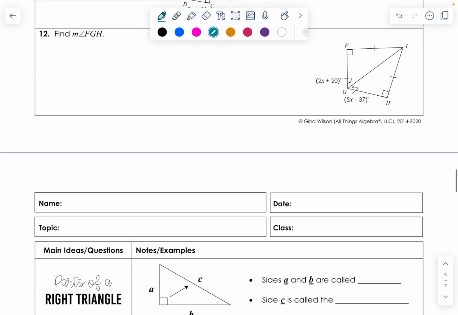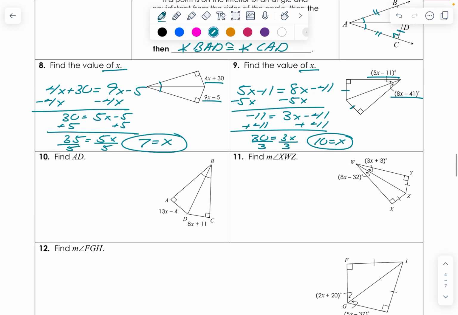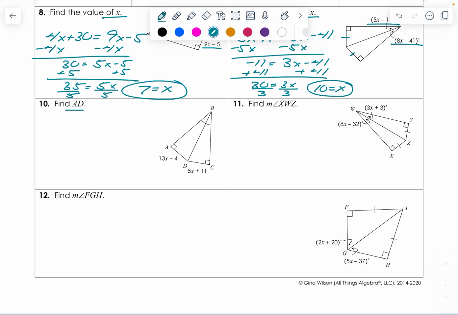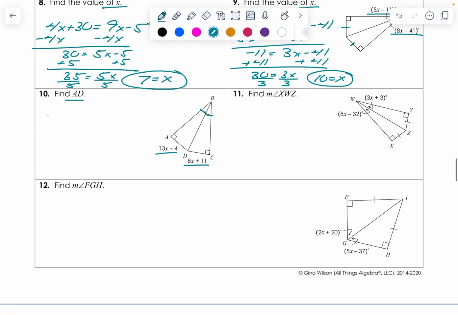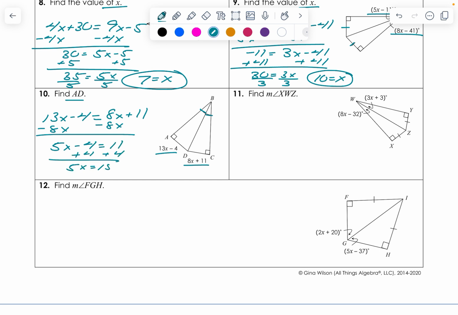Now, we've got 3 more examples. Similar, but now we have to find AD. So we're going to set those equal to each other. We can see that it is bisecting that angle and perpendicular. So 13x minus 4 is equal to 8x plus 11. And solving: 5x minus 4 equals 11. 5x equals 15.